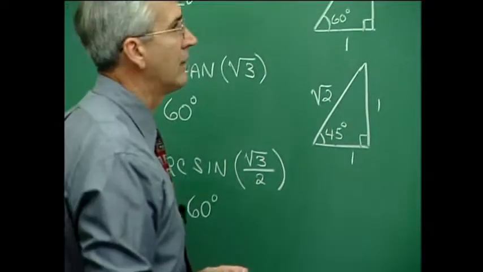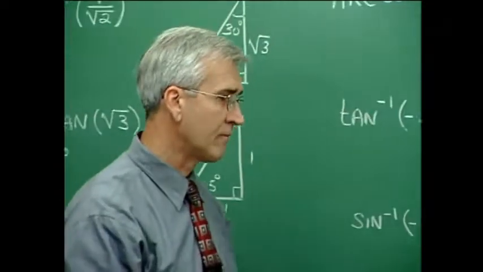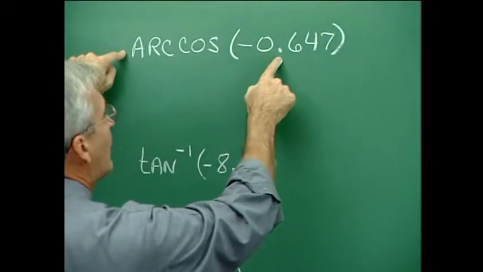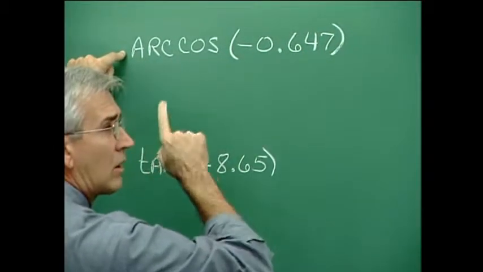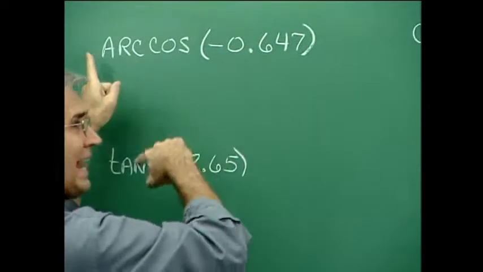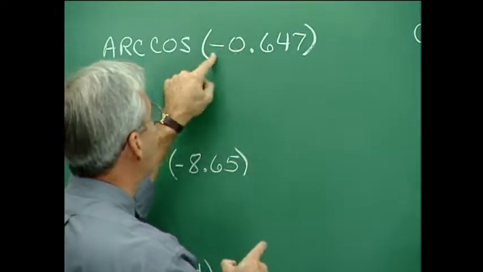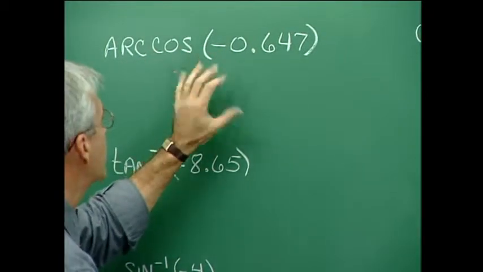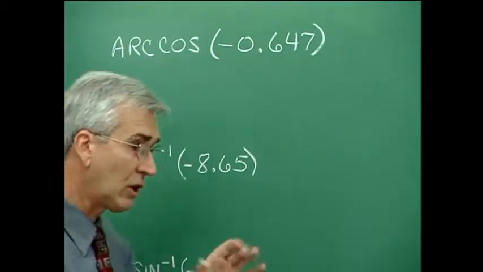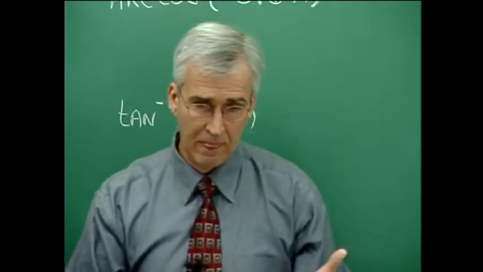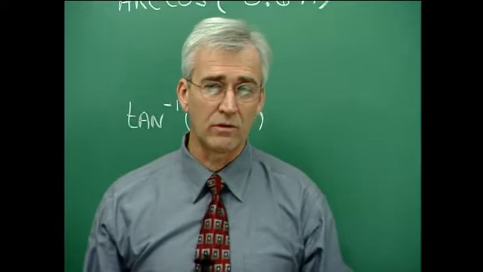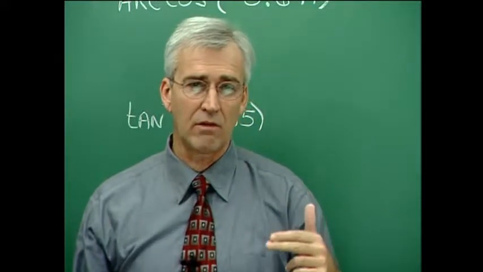Let's use the calculator to find these. Arc cosine of negative 0.647. Now that means we want the angle whose cosine is this negative value. Now we know probably at the beginning that the cosine of angles is positive in the first and fourth quadrants, but negative in second and third.